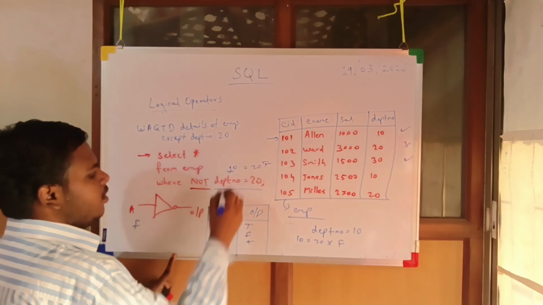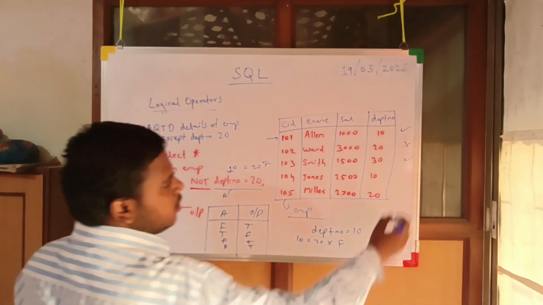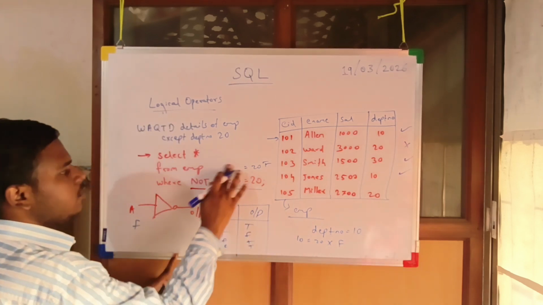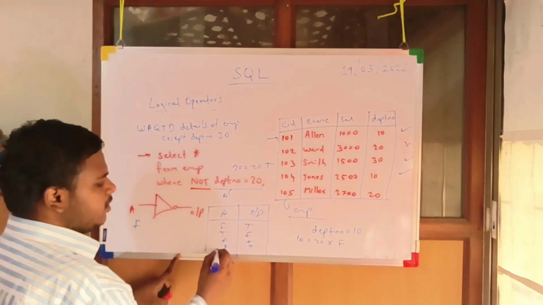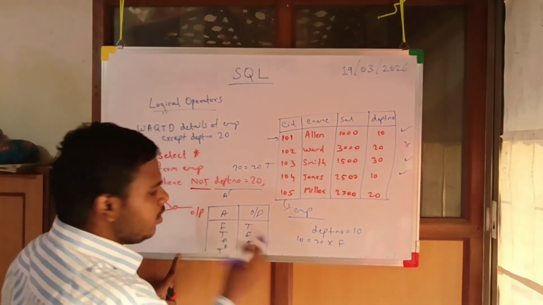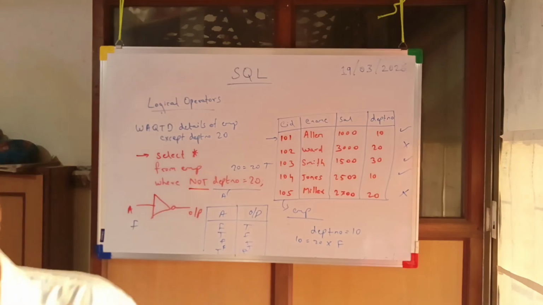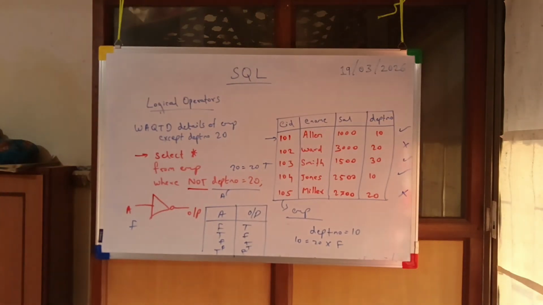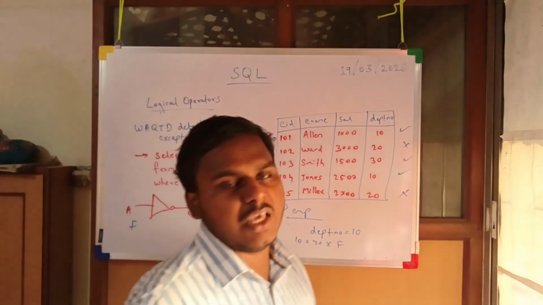No, it's again false, so it becomes true and this record is selected. Fifth record: is 20 equal to 20? Yes, the condition is true. But the negation converts it into false, so the fifth record is rejected. So you see that department number 20 is automatically rejected. How? Because of negation. This is how the not operator behaves and works.